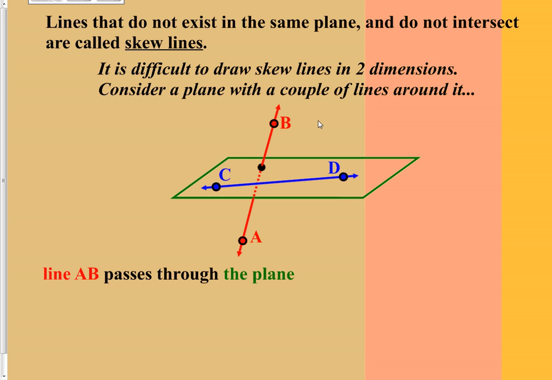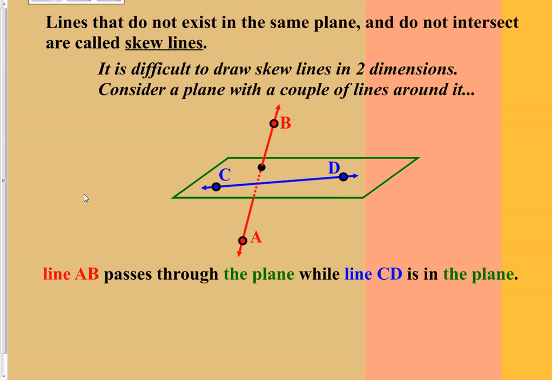Also, we can fully view all of line CD. It does not have that dashed or dotted area to indicate that it has passed out of our sight and is hiding behind the plane. So we have another line that is in the plane, and it's line CD. So line AB passes through the plane, while line CD is in the plane.